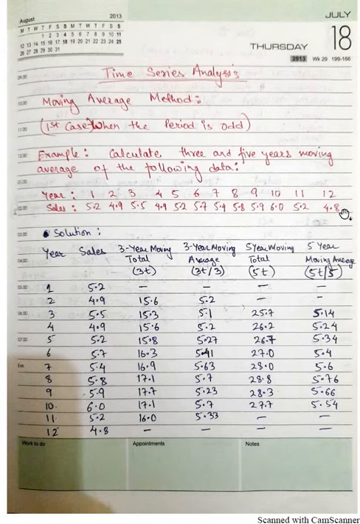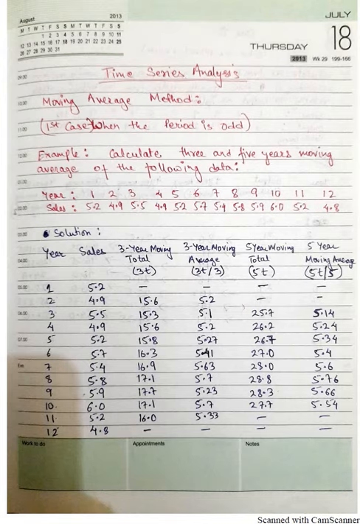Now first what we do, we'll as always put these two units in a column form. So here we write and we put it as 1, 2, 3, 4, 5, 6, 7, 8, 9, 10, 11, 12, and sales we copy it down as it is given here below: 5.2, 4.9, 5.5, 4.9, 5.2, 5.7, 5.4, 5.8, 5.9, 6.0, 5.2 and 4.8.